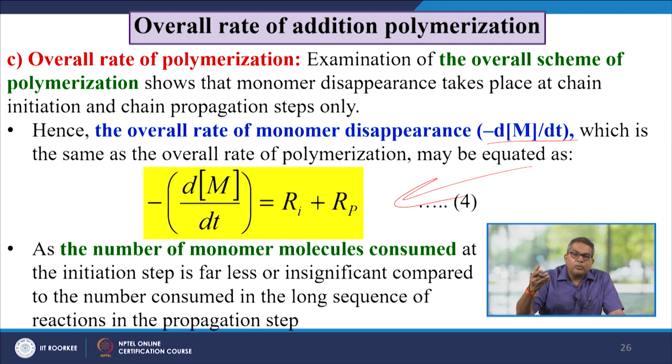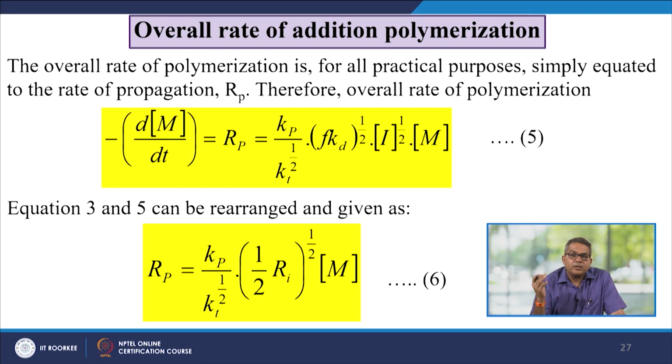As the number of monomer molecules consumed at the initiation step is far less, or insignificant, compared to the number consumed in the long sequence of reactions in the propagation step, the overall rate of polymerization is for all practical purposes simply equated to the rate of propagation Rp.